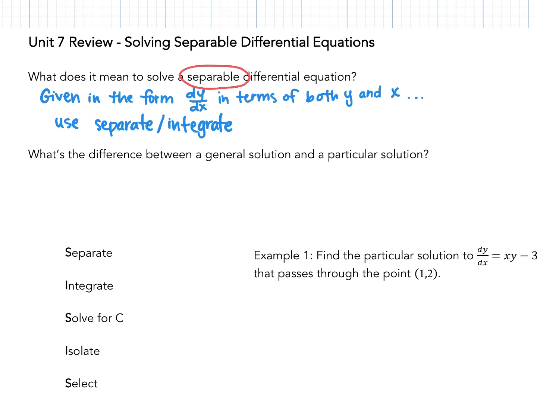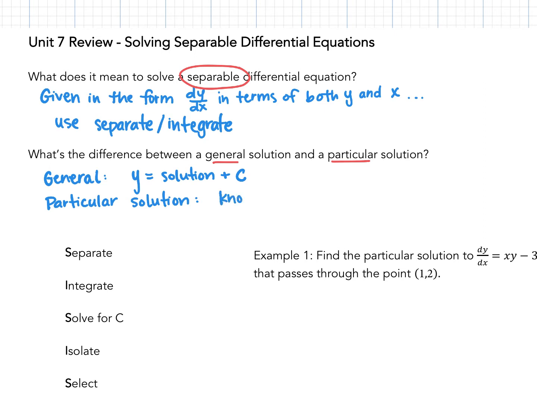All right, so we need to make sure we understand the difference between a general and a particular solution. A general solution is in the form of y equals something, plus c. A particular solution narrows that down, and you solve for c, a known value for c, and you use the initial condition, the initial value, to solve for that.